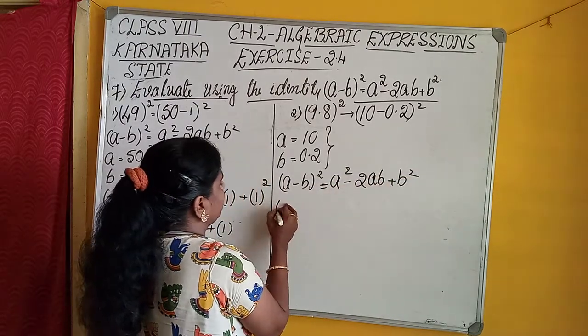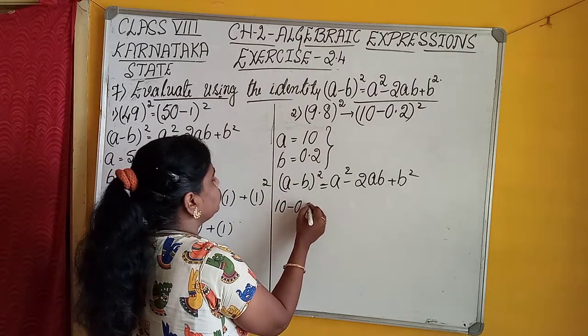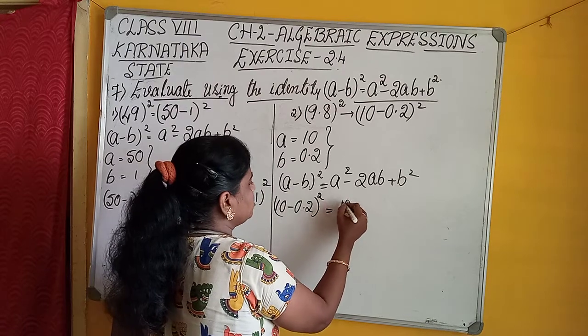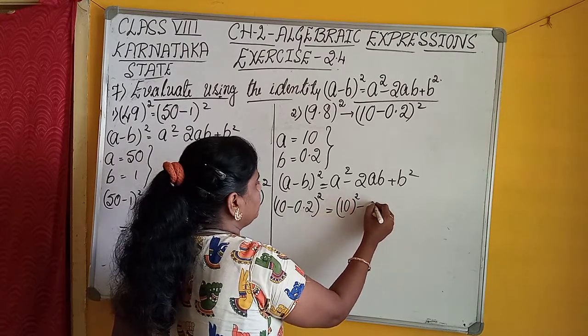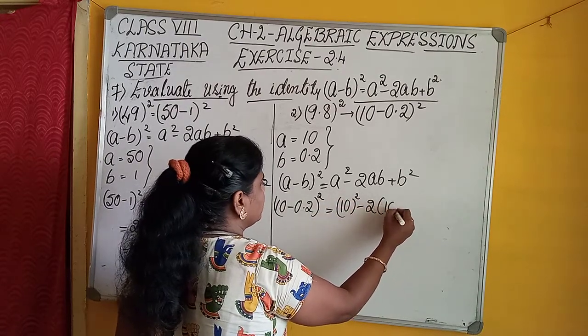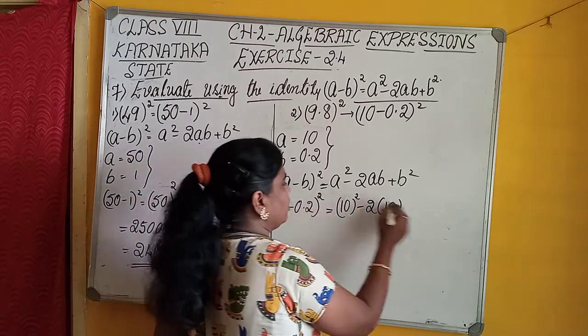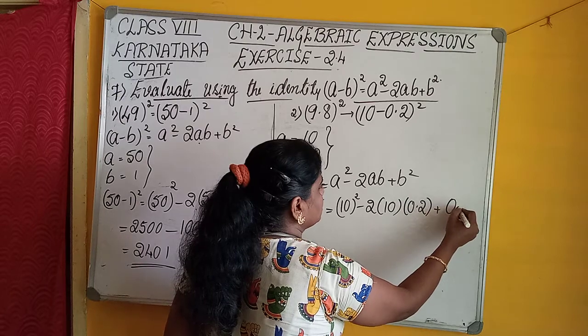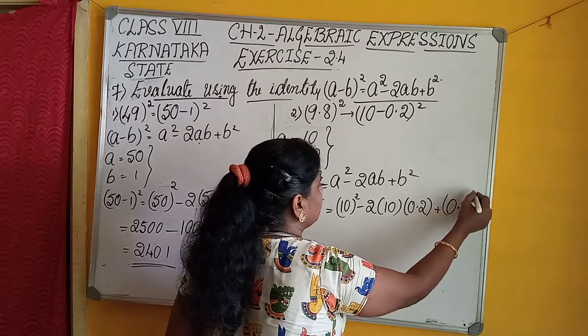Okay. That is (10 minus 0.2) whole square is equal to a square, which is 10 square, minus 2 into a, which is 10, and the value of b, which is 0.2, plus b square, which is 0.2 whole square.